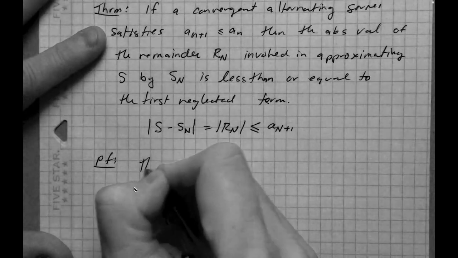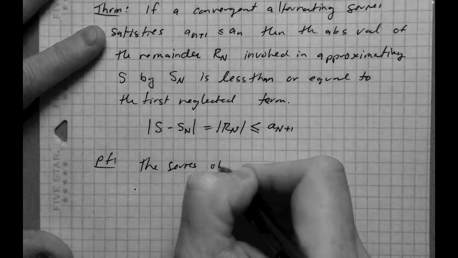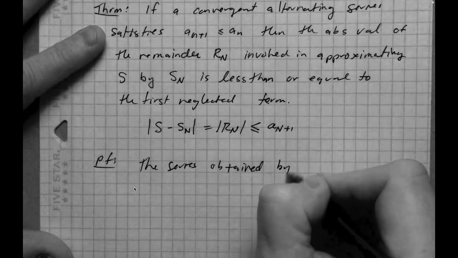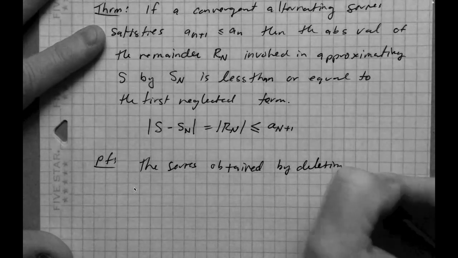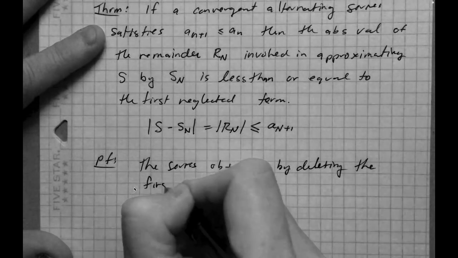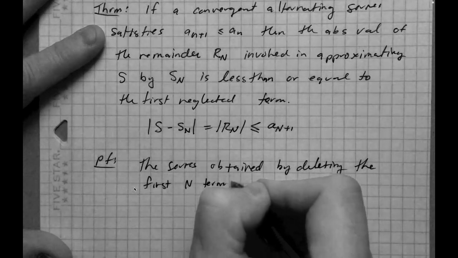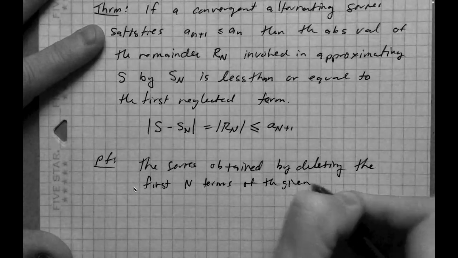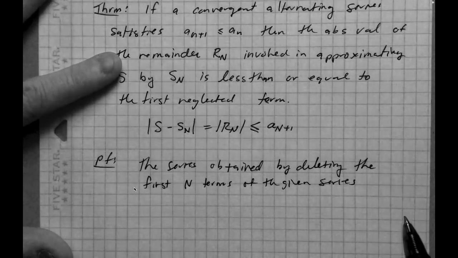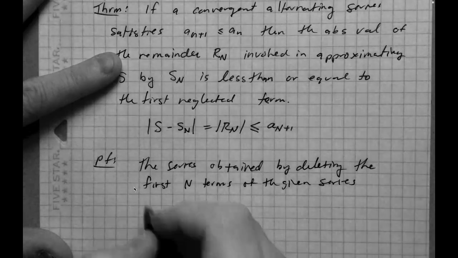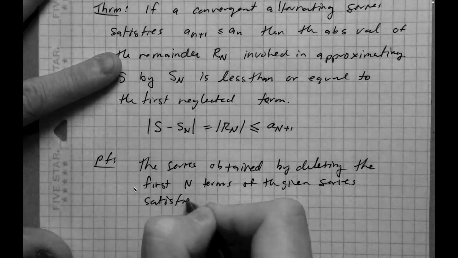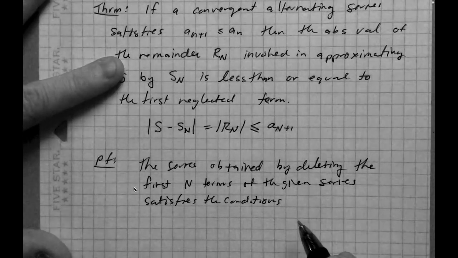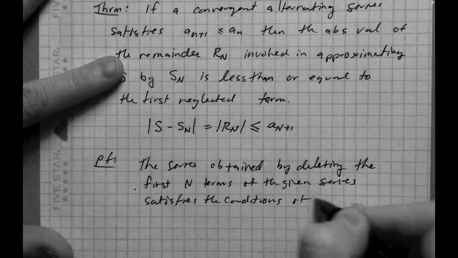So the series obtained by deleting the first n terms of the given series satisfies the conditions of the alternating series test.